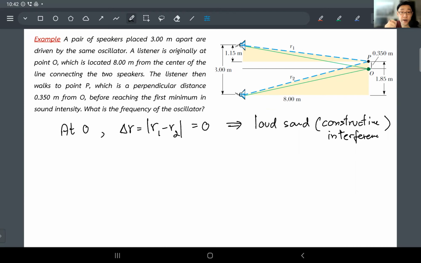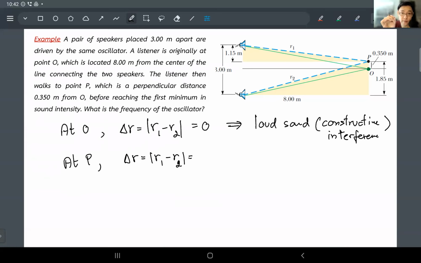You reach the first minimum. So that is the indicator saying that at P, the delta R must be exactly what now, guys? Can you guess? You're supposed to get to the point where the path difference is exactly half the wavelength.